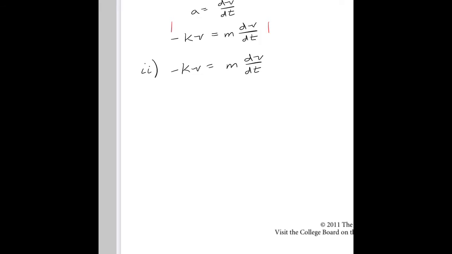So here's what this is going to turn into. All I did was rearrange that to get things together. Now I'm going to integrate this. For v, I'm going to integrate from v initial to v because we don't know what v initial is. And then this, I'm going to integrate from 0 to t because t initial is always 0.